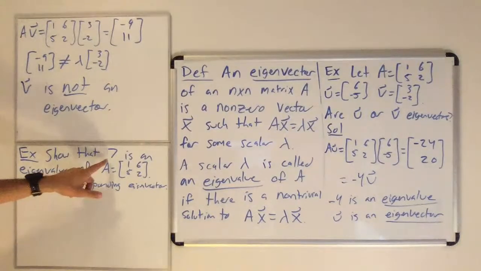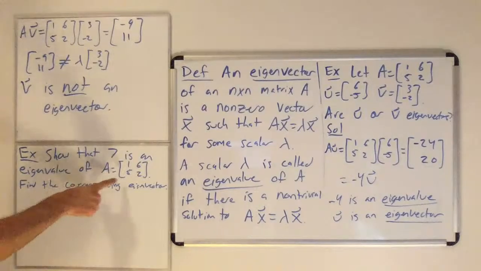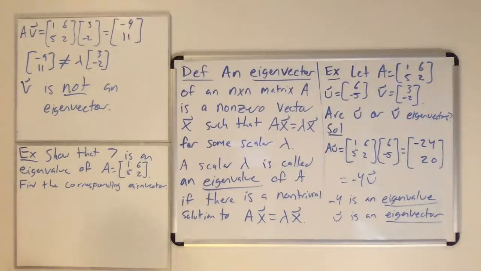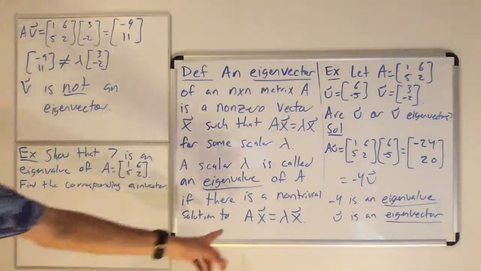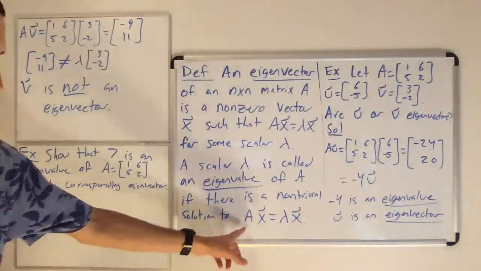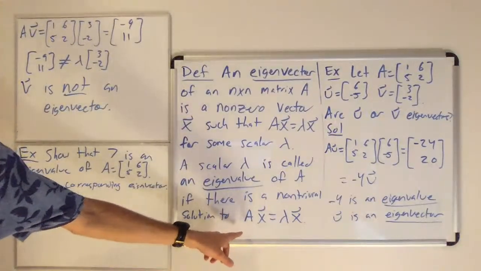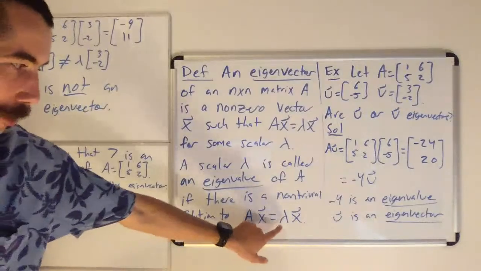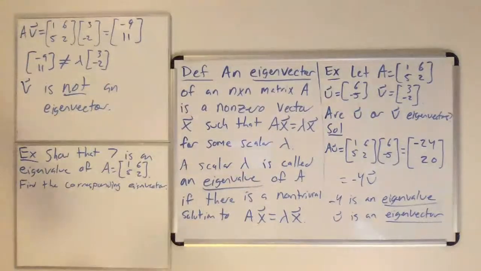Yeah, so we want to show that 7 is an eigenvalue of this matrix. I'm going to just kind of tell you what to do, but I want you to try this on your own first: try to solve the equation AX equals 7X. Okay?